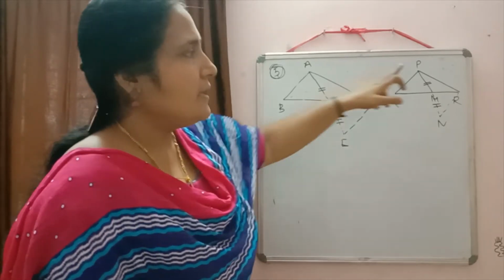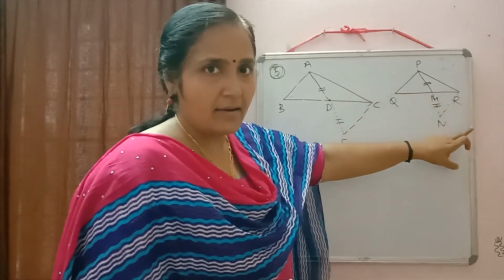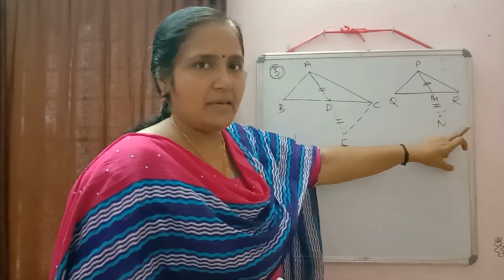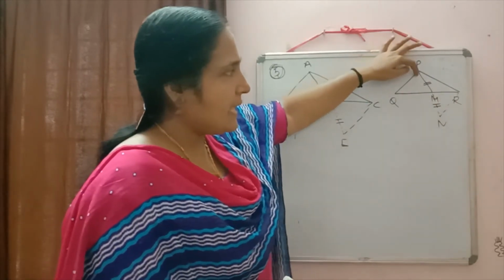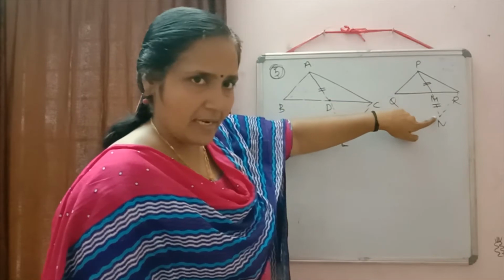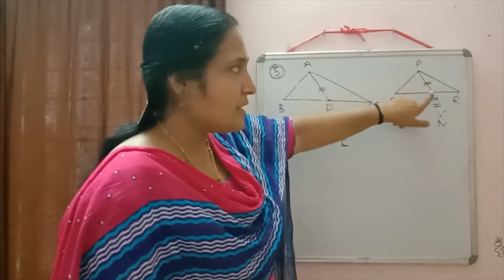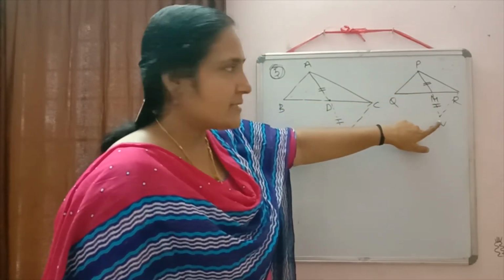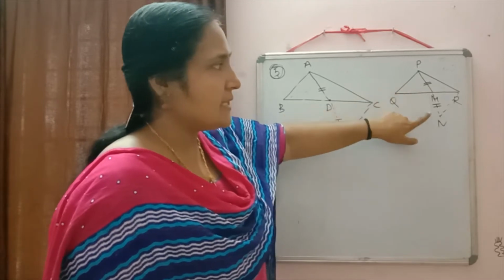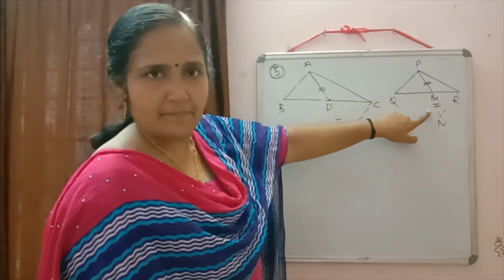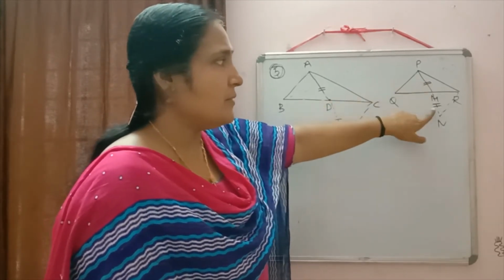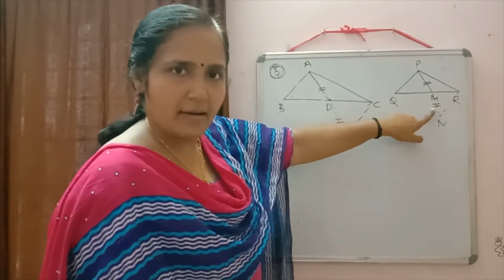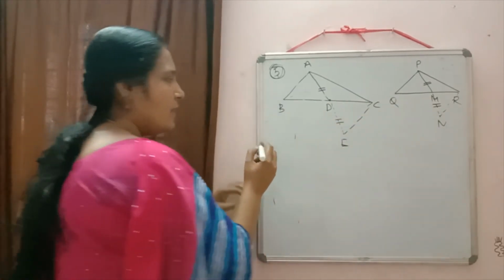Similarly, in triangle PQR, PM is produced to N such that PM is equal to MN. Written? Okay. Now we will write the proof there.